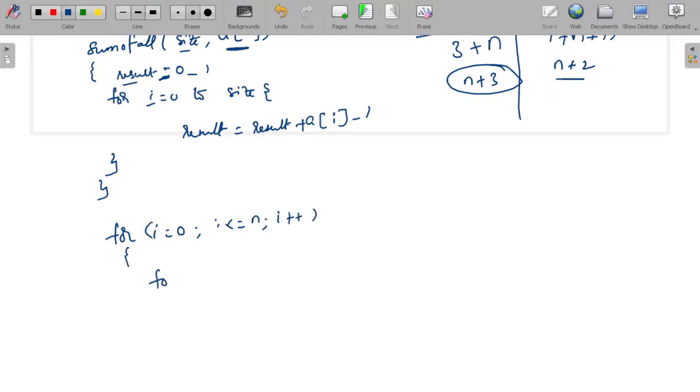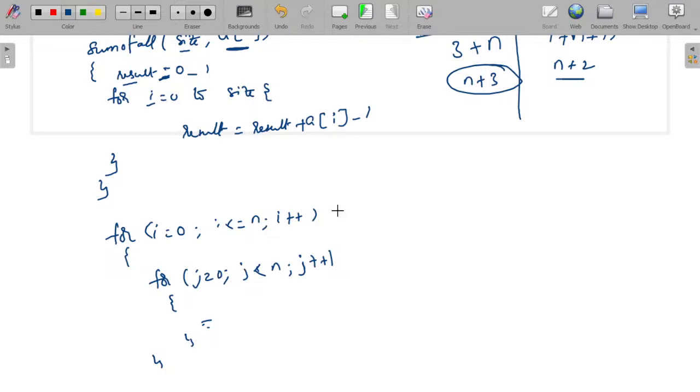And for columns, I need to again iterate, for j equals 0, j less than n or m or whatever it is, j plus plus, and we will just write some statements here. So here we will be getting into something called n squared.